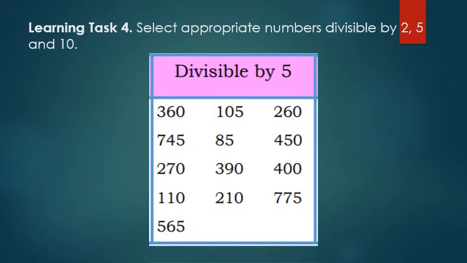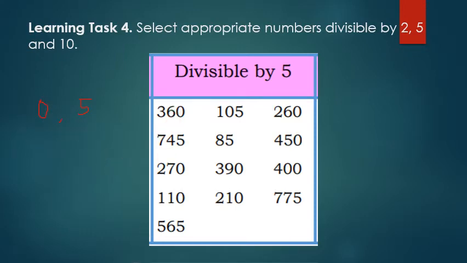Okay. Paano naman pag divisible sa 5? Kung naaalala, pag divisible sa 5, nagtatapos sa 0 or 5. Hanapin muna natin dito kung alin po yung nagtatapos sa 0. Base po yan sa divisibility rules by 5. Alin po dito mga nagtatapos sa 0?